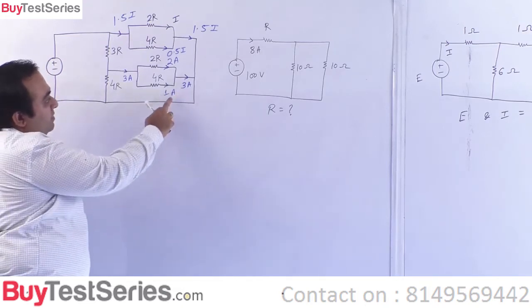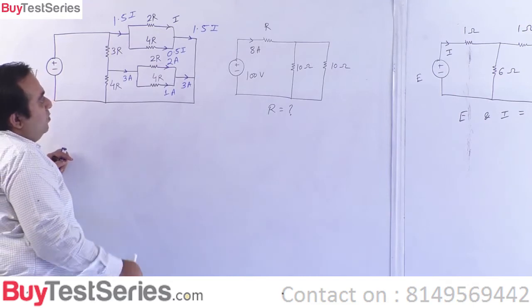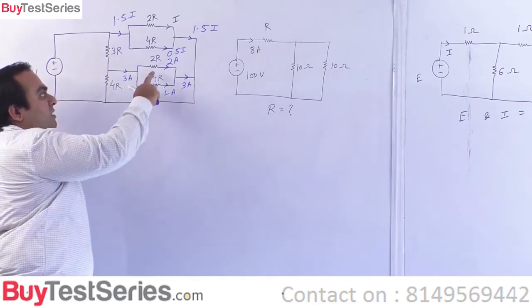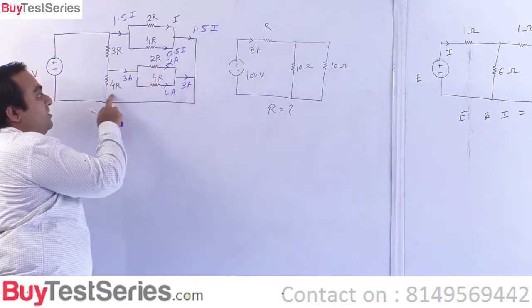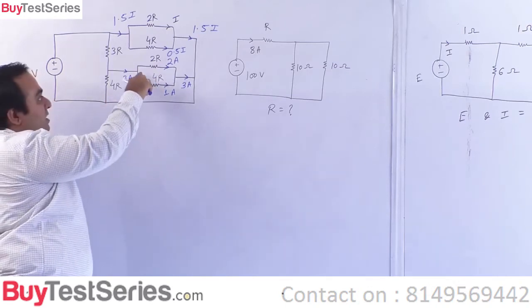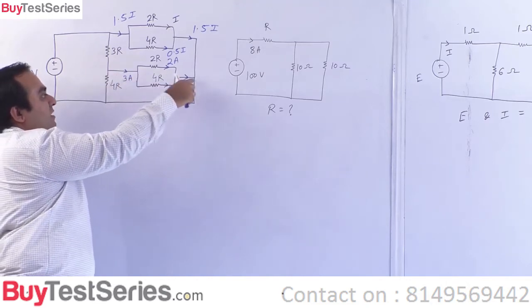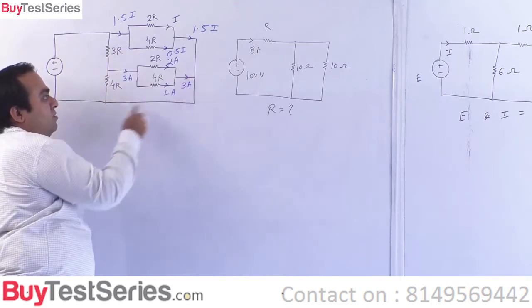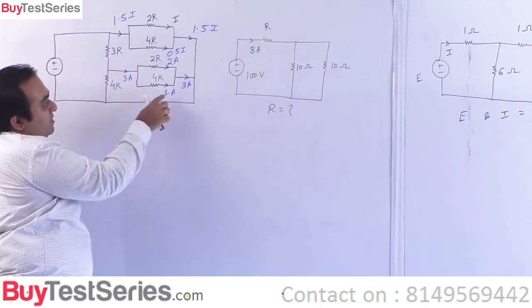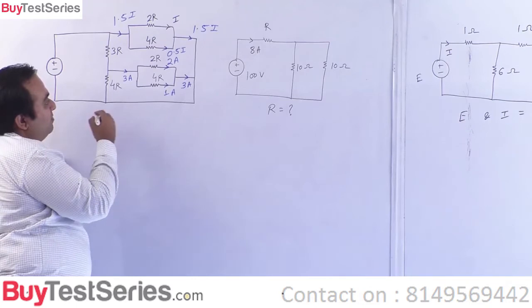Now see, this is 3 ampere. This is 2 plus 1, 3. Now, one thing we can observe, this 2R, this 4R and this 4R, they are in parallel. You can simply see this. You have one node of all the resistances connected here. You have other node connected. This is a single node. So this 4R must have this 1 ampere current flowing through it because they are all in parallel.